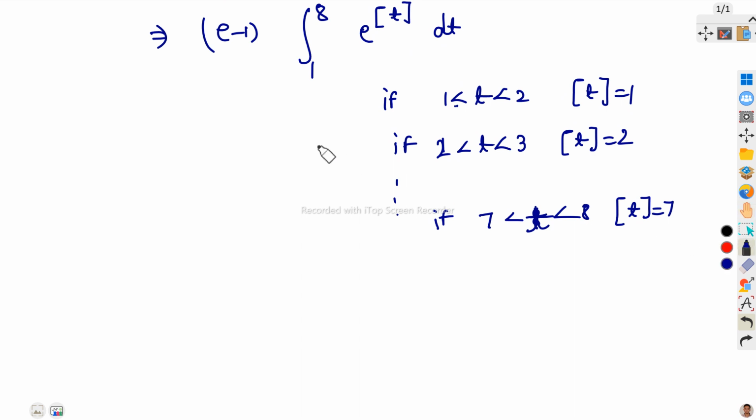So this integral can be written as (e − 1) times the integral from 1 to 2, in which interval bracket of t equals 1, so this is e^1.